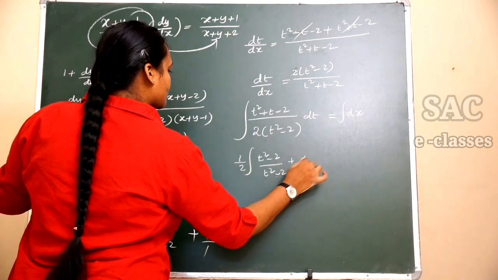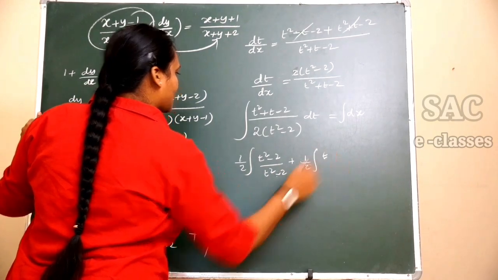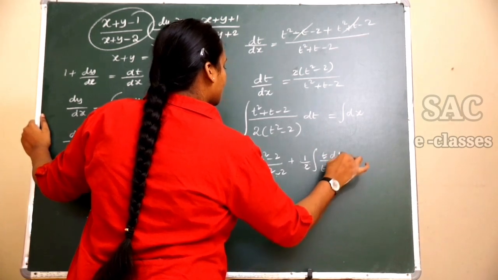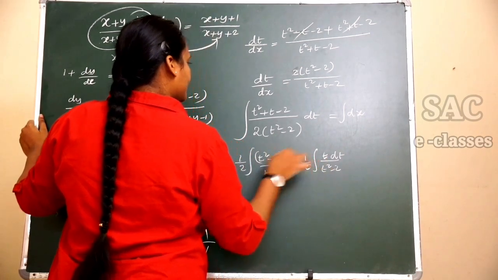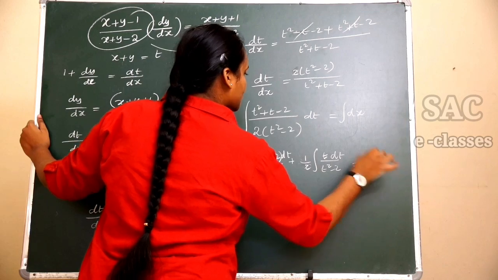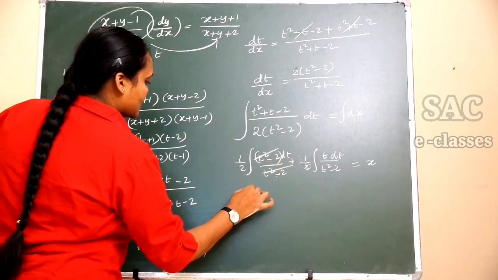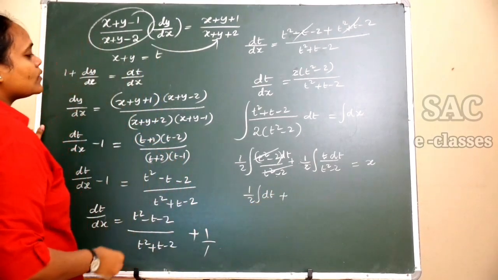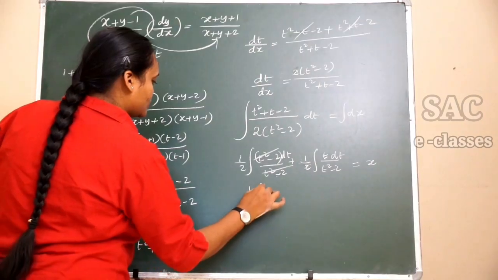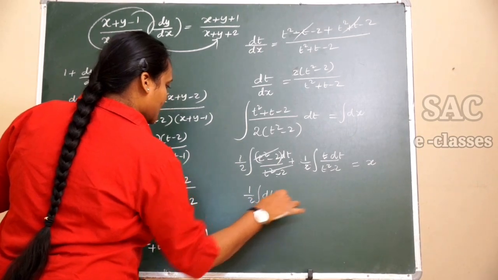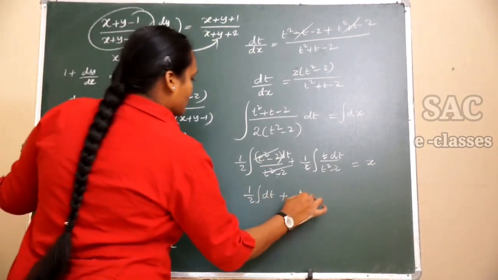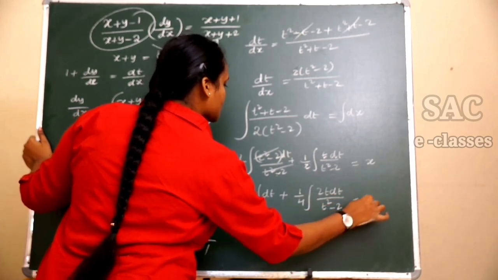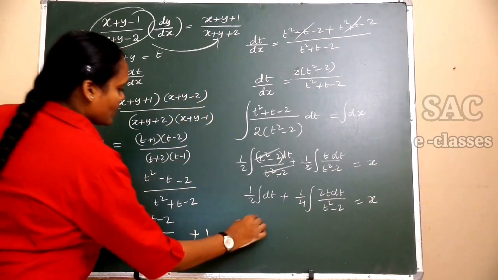If you want to write it, it is 1 by 2 into t by t square minus 2 dt, which is equal to x. Getting cancelled, 1 by 2 into dt plus 1 by 4 into 2t dt by t square minus 2, which is equal to x.